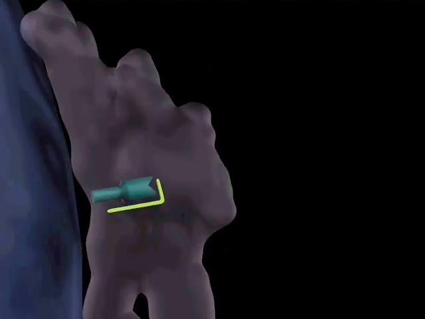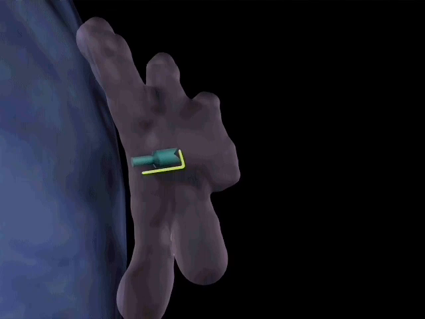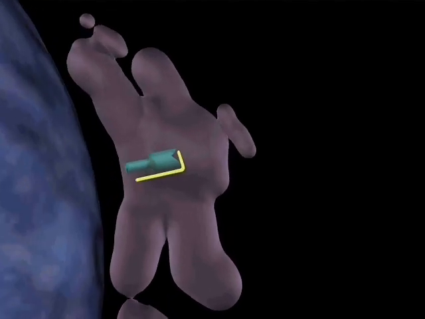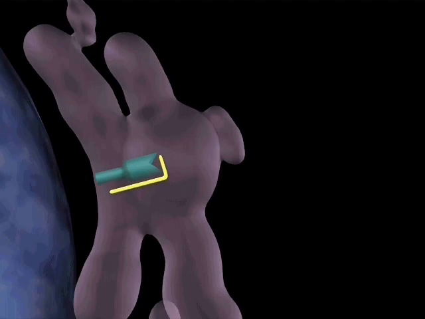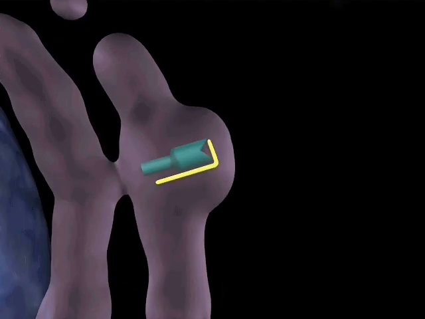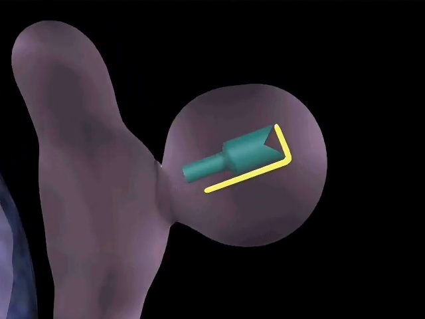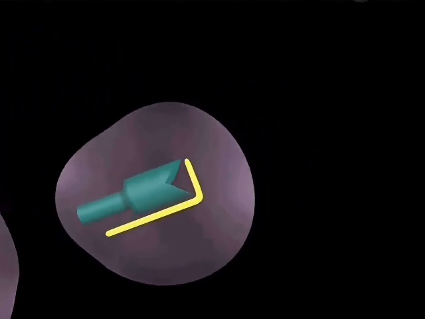Elsewhere in the macrophage, major histocompatibility complex molecules are being synthesized at the endoplasmic reticulum. MHC class II molecules are transported by vesicles which intersect the pathways of vesicles released from the phagolysosome.